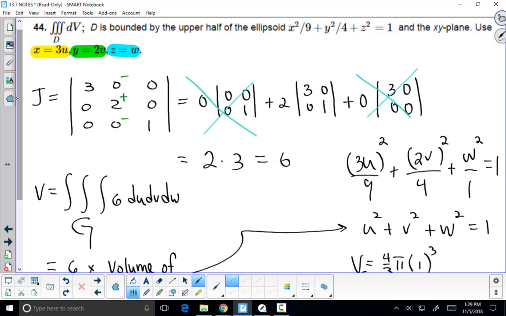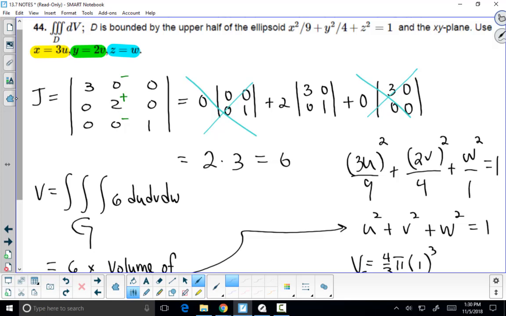Now, one quick question. We've talked about the area of an ellipse. So if we have this ellipse right here, where this dimension is 2 and this dimension is 5, the area of this ellipse is 2 times 5 times pi. Is the same true for an ellipsoid? No, that's an ellipse.